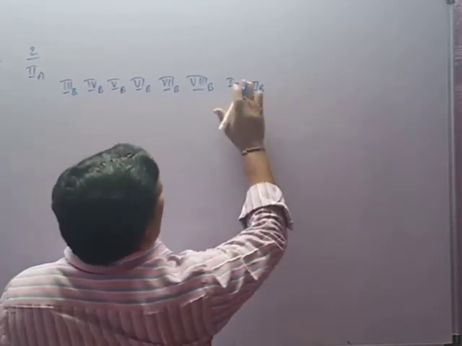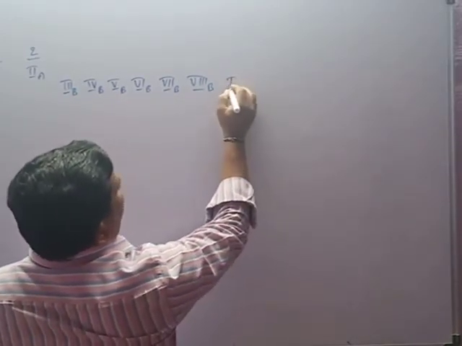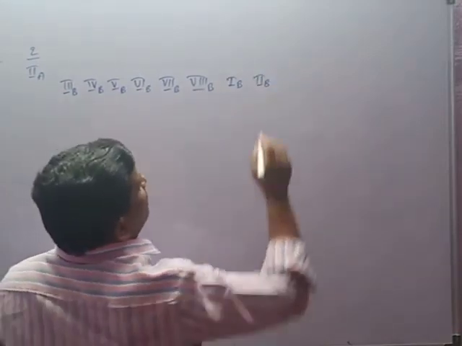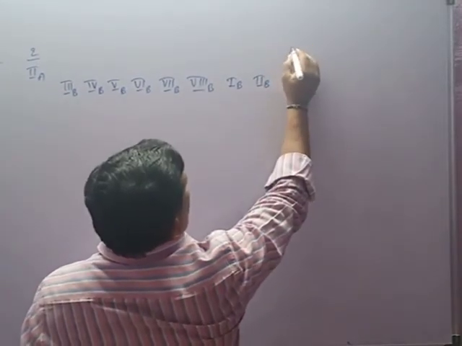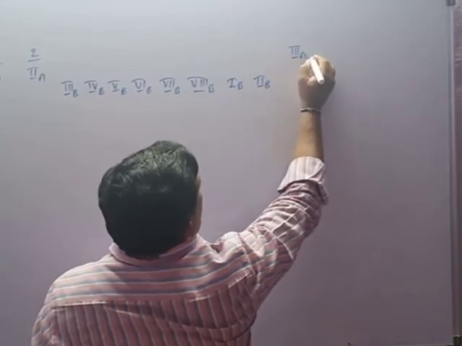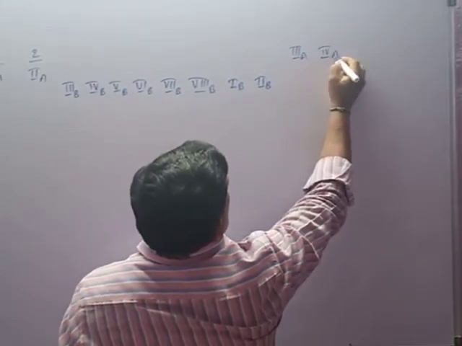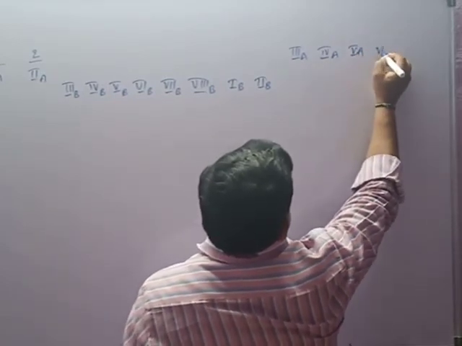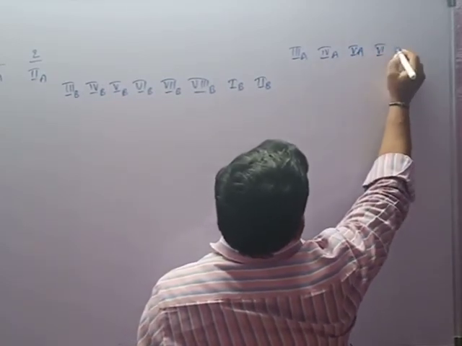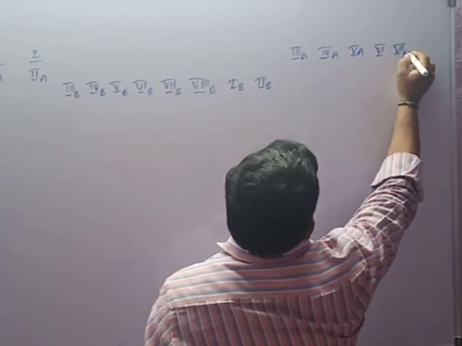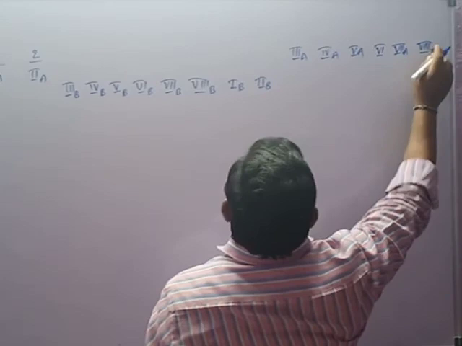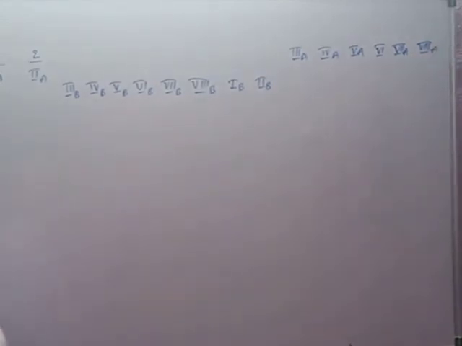Now third A group, fourth A group, fifth A group, sixth A group, seventh A group, and eighth A group.